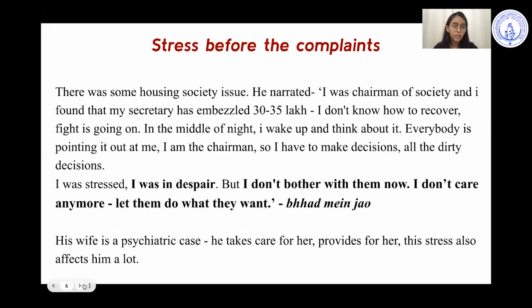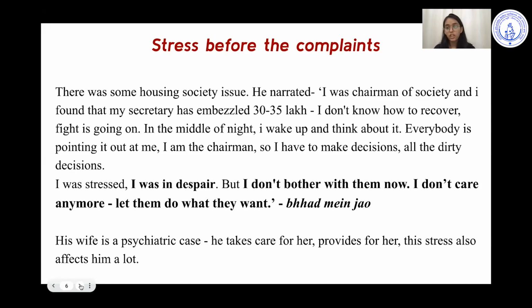So we asked him more and probed deeper into his history. Earlier he was reluctant because he was very weak and not able to talk and exert much, but we explained to him that all this is very important. So he said that before all these symptoms, being the chairman of the housing society, they found that the secretary of the society had embezzled some money.